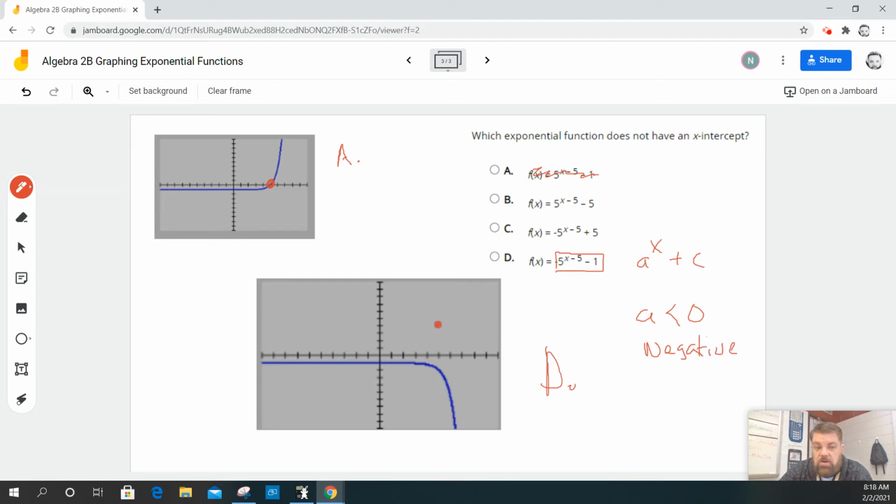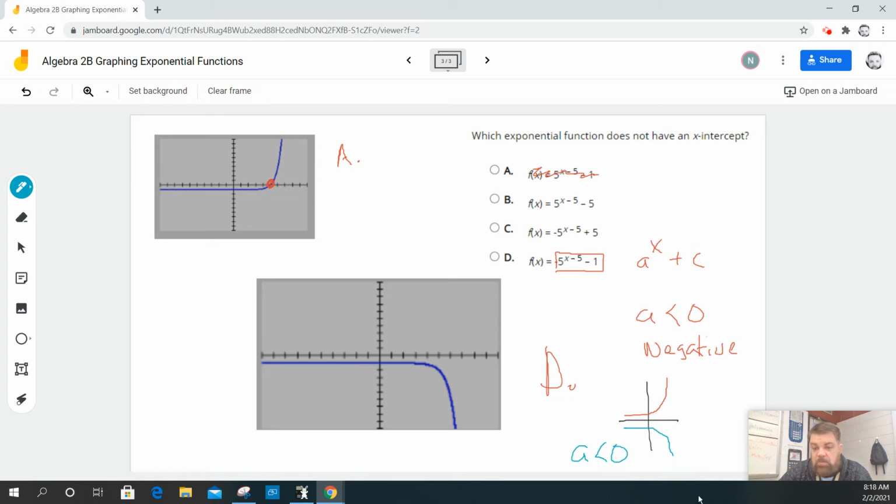Okay, so normally an exponential goes like this. But if I have a negative a, this is what happens when a is less than 0.